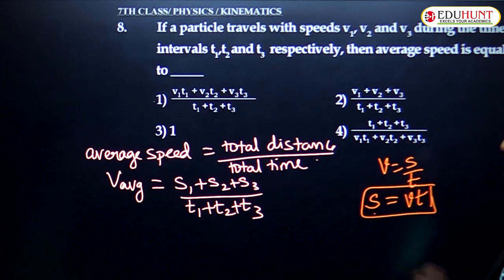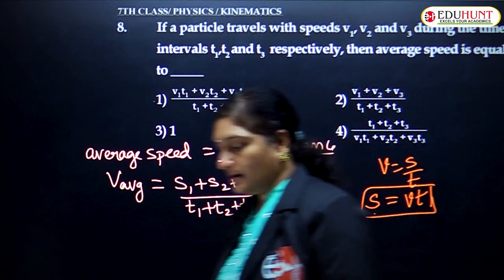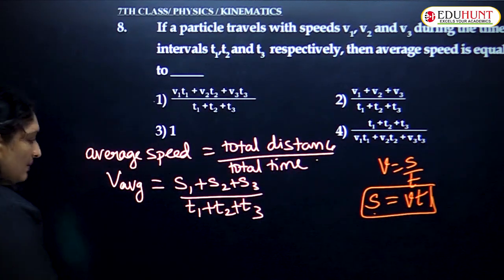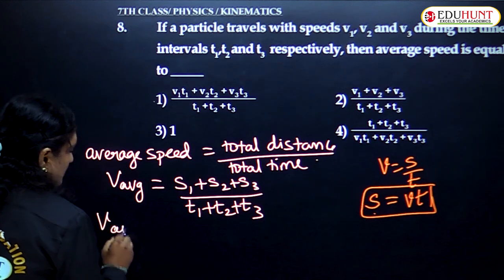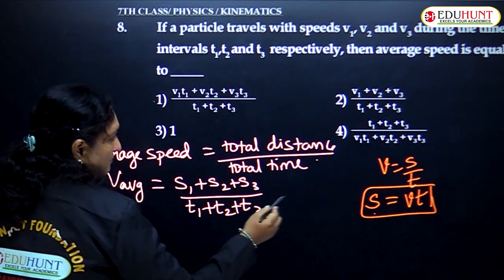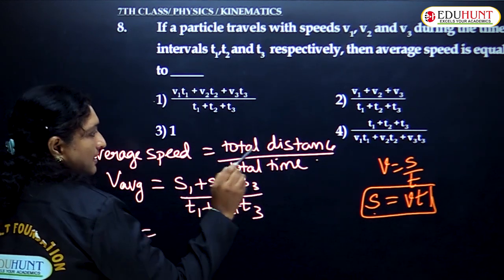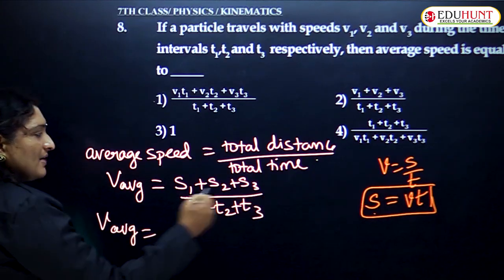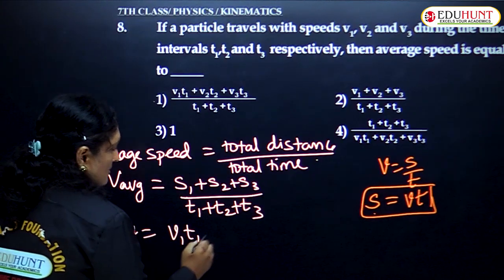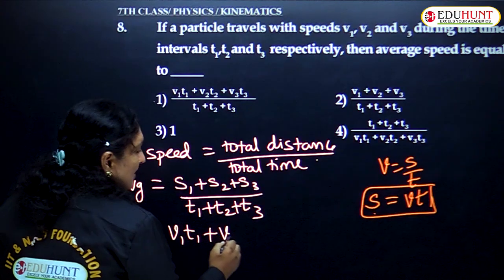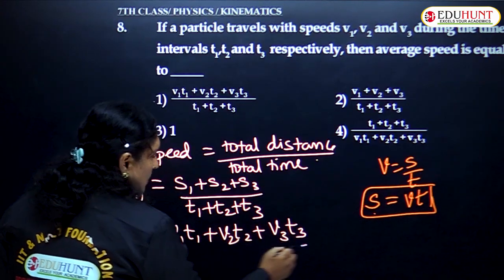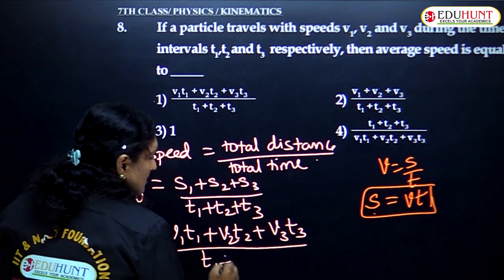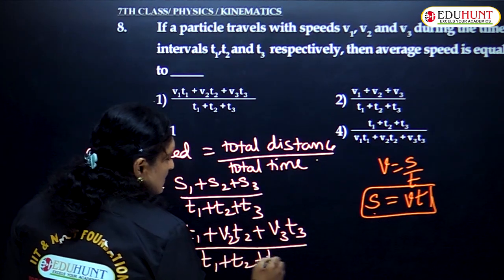Wherever you find S, you can replace it with V into T. Hence, S1 will be replaced with V1 T1, plus S2 means V2 T2, S3 means V3 T3, whole upon T1 plus T2 plus T3.